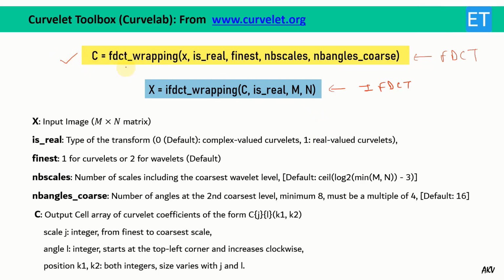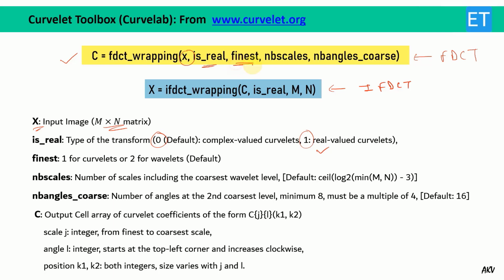First, this x is your image of size m by n. Then is real: you need to define either 0 or 1. The default is 0, which takes complex valued curvelets, otherwise it takes real valued curvelets.